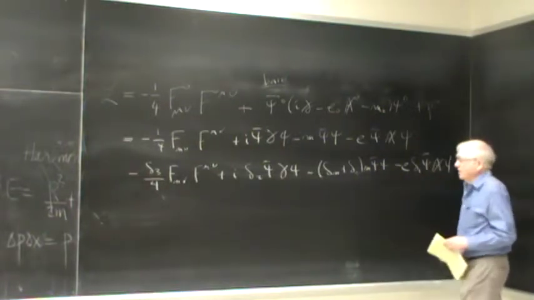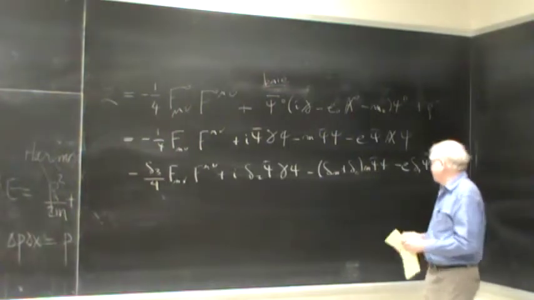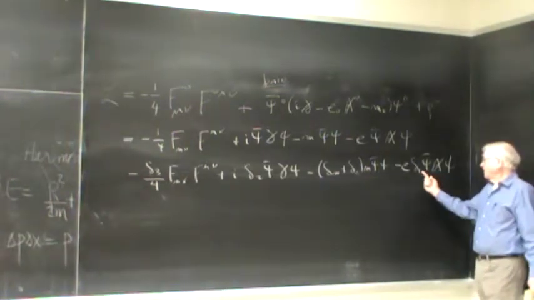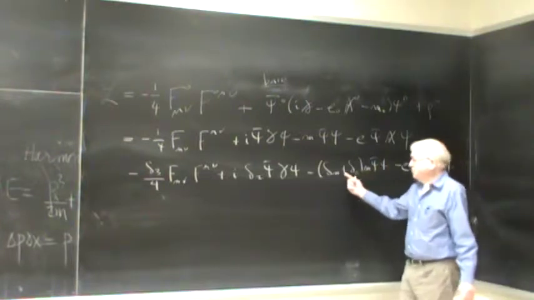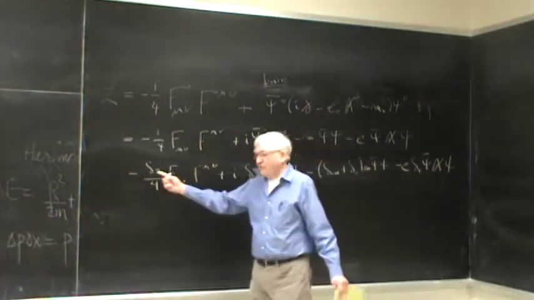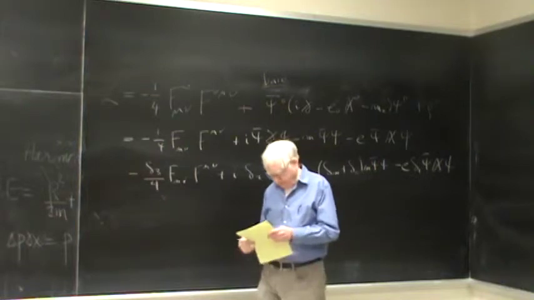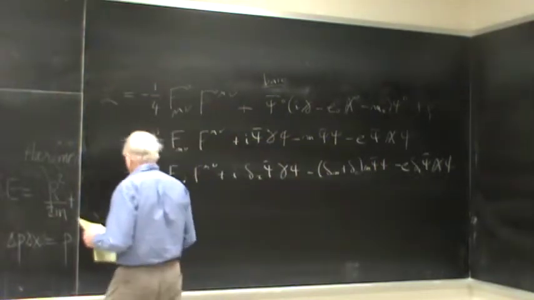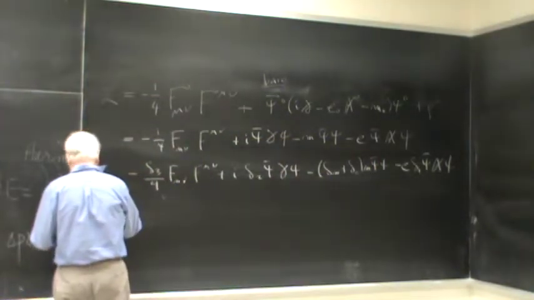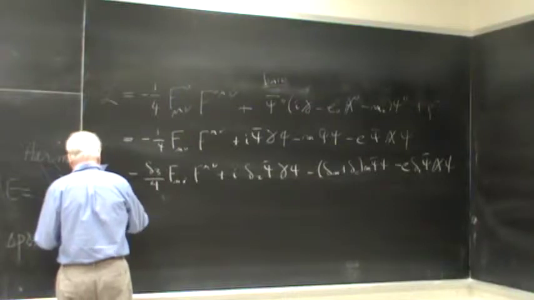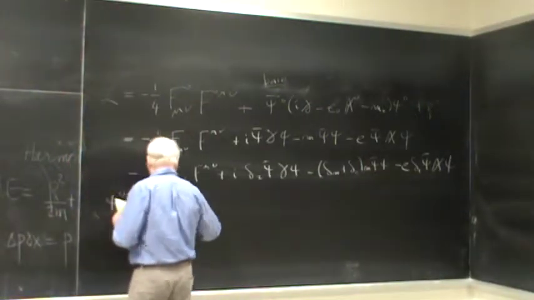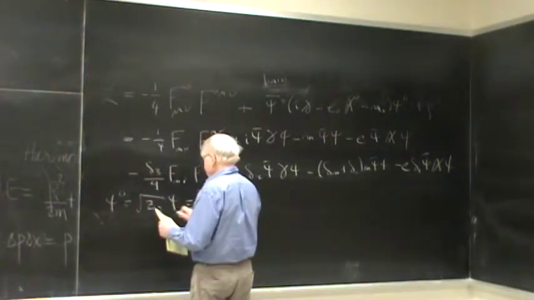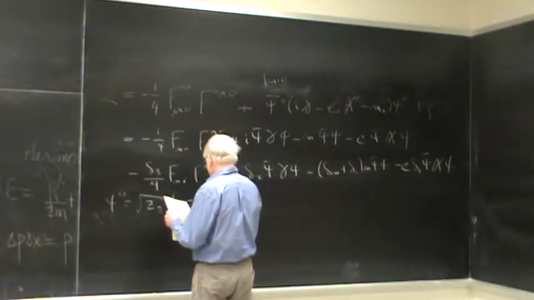Okay. Now, what are these deltas? These deltas are infinite counterterms. There's 1, 2, 3, 4 of them. And how did they come about? Well, they came about by setting psi 0 equal to the square root of Z2 psi, and we're saying Z2 is 1 plus delta 2.